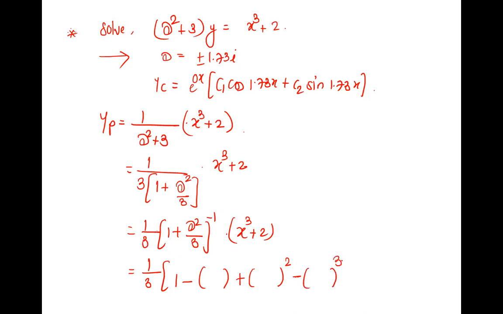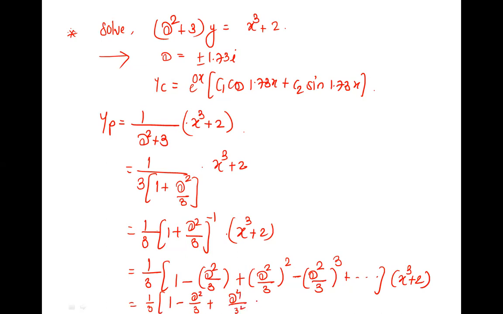You will write up to cube as the degree is 3, and then plus so on, on x cube plus 2. So in our case, it is d square by 3, d square by 3, d square by 3. It is equal to 1 by 3, 1 minus d square by 3, plus d raised to 4 by 3 square, minus d raised to 6 by 3 cube, plus so on, on x cube plus 2.